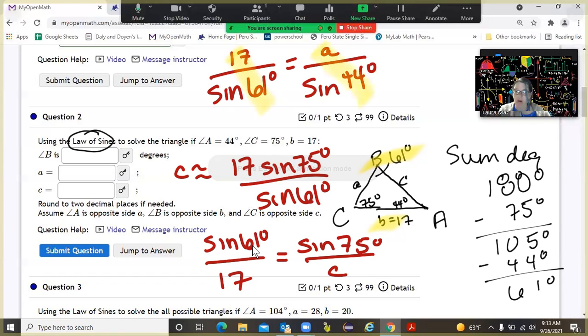A and 44 are an opposite pair. So as long as you have it set up correctly, you're good to go. Cross multiplying and solving here, we'd get that A is 17 times the sine of 44 degrees over the sine of 61 degrees. And you'll be approximating that. So there's using the law of sines.